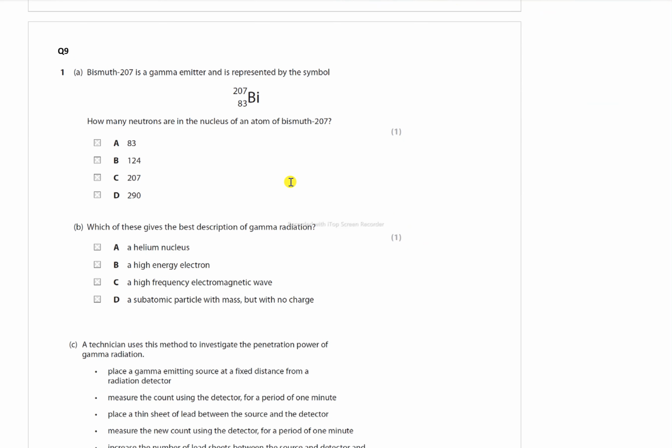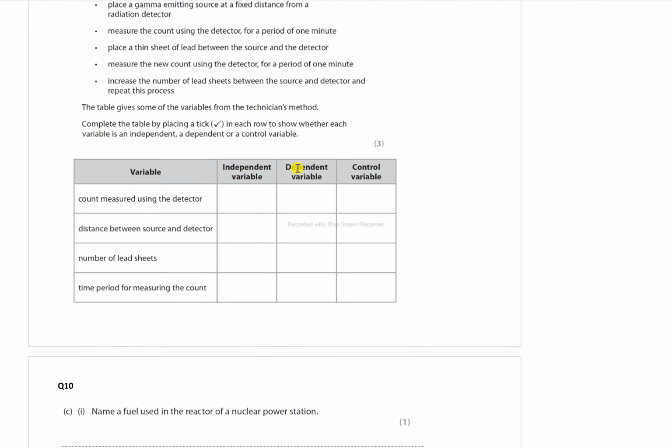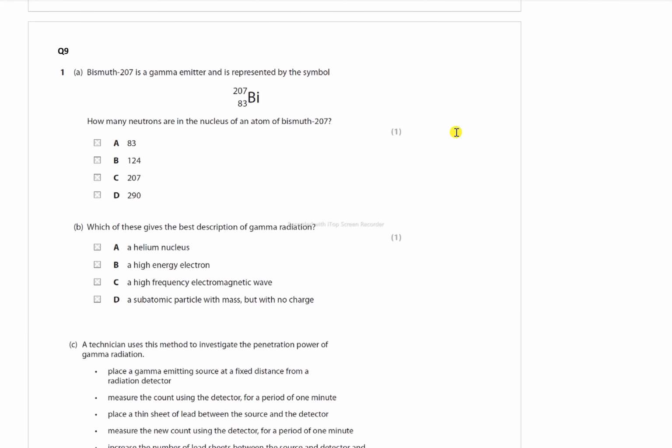Bismuth. Okay, we can do this one. It's going to be quick. Bismuth-207 is a gamma emitter. Gamma is electromagnetic radiation. It's a wave. It's represented by the symbol 207, 83.